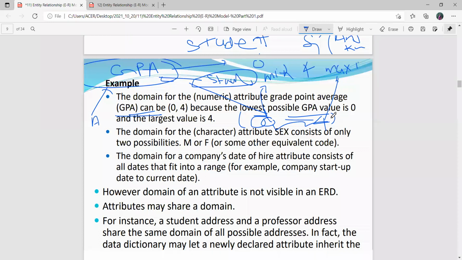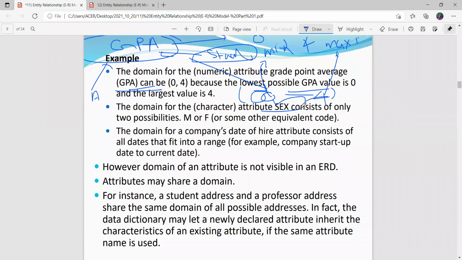When we consider sex, this is also an attribute of the student entity. We can take two possible values for sex: the first is female, and the second is male.